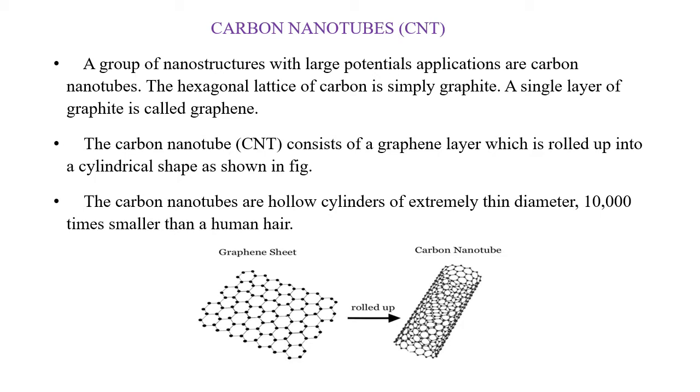In some cases, the hexagons are arranged in a spiral form. The layer appears like rolled-up chicken wire with the carbon atom at the apex of the hexagon, shown in the figure. The carbon nanotubes are hollow cylinders of extremely thin layer, 10,000 times smaller than a human hair.